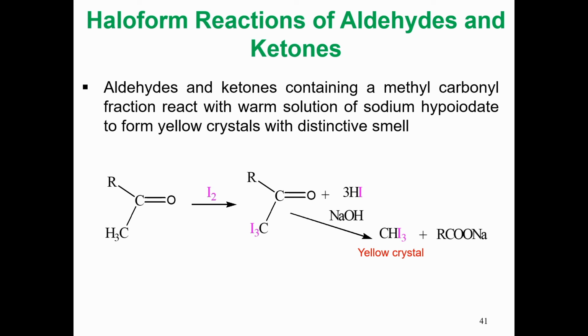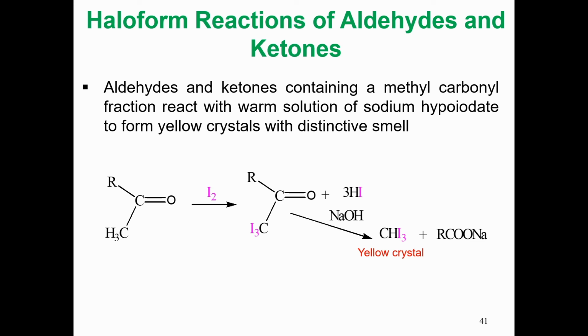In carbonyl compounds, aldehyde and ketone that have methyl connected to carbonyl can be positive. The only aldehyde that can be positive to haloform is ethanal. Others are ketones, because remember, ketone is connected to 2 methyl groups. So ketone is more reactive than aldehyde.